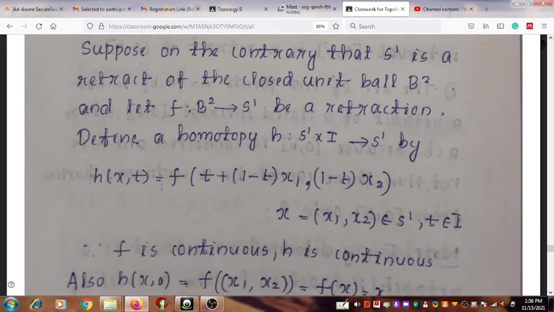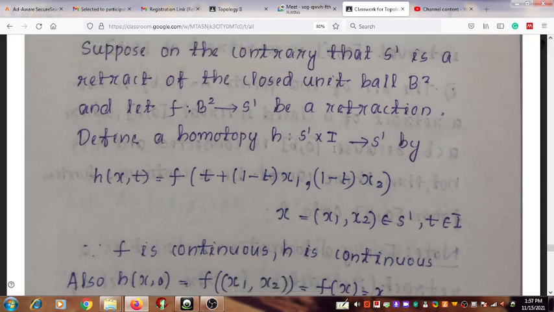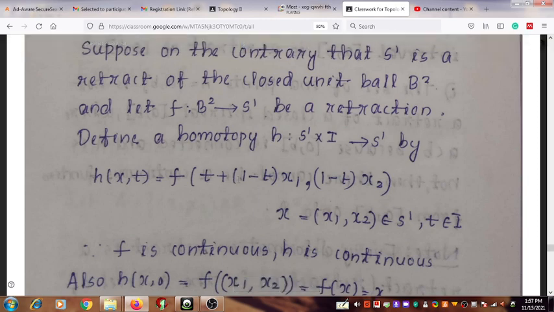Now we move to define a homotopy from S1 cross I to S1. Using this continuous function f, we can define a homotopy H from S1 cross I to S1 by H(x,t) = f(t + (1-t)x1, (1-t)x2).